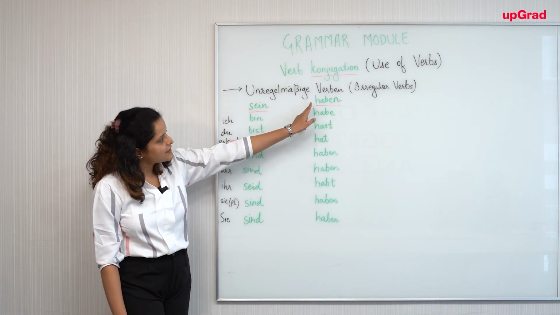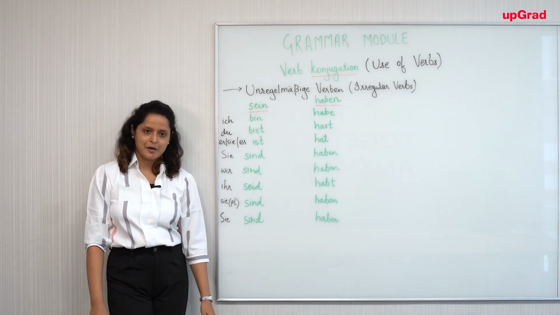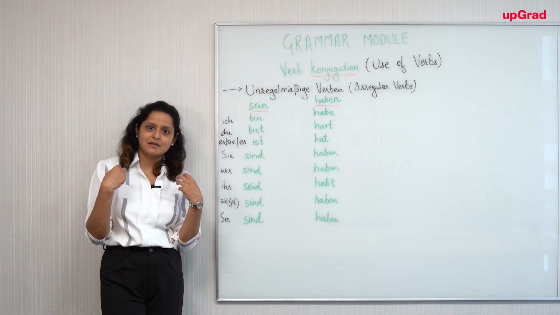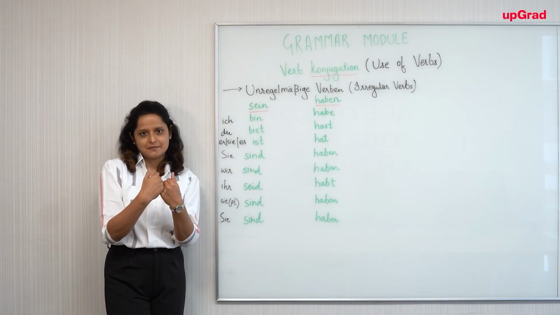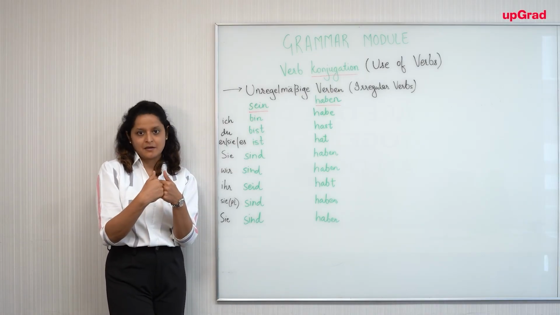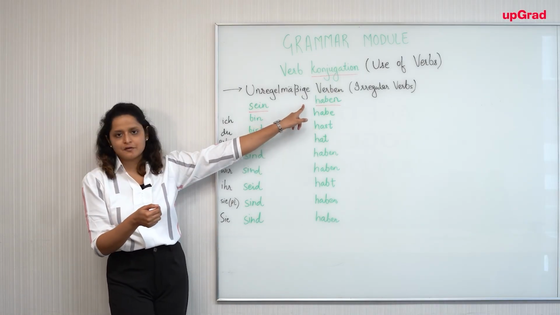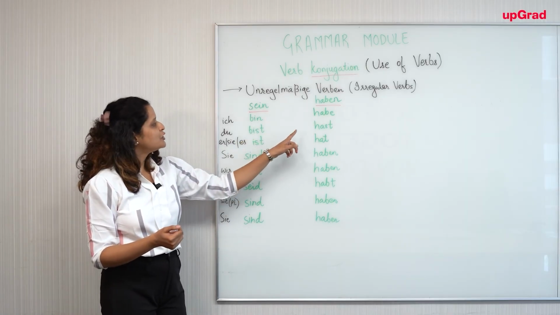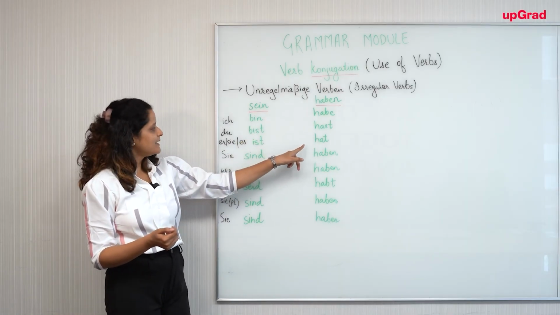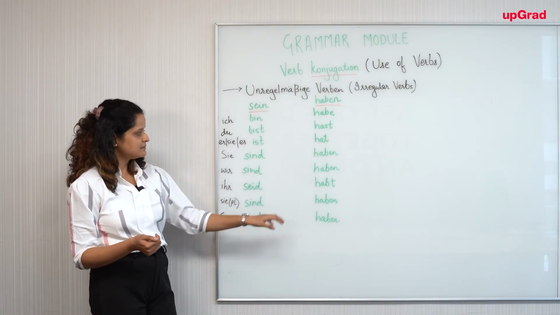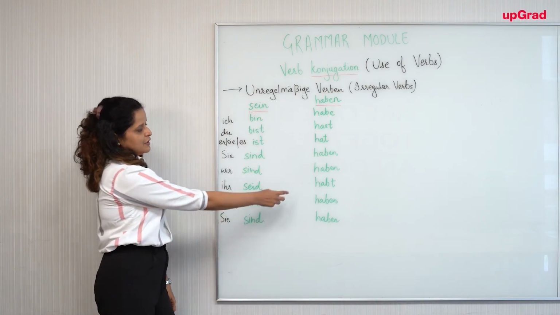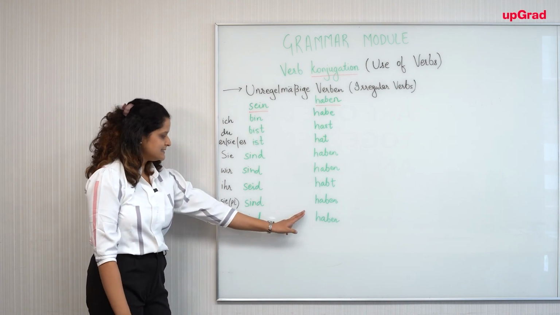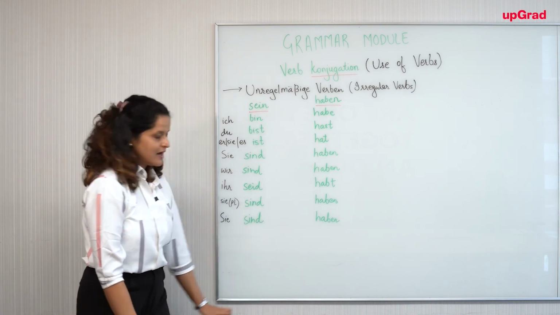Now the next verb we have here with sein is haben. So that's how we make a distinction. Sein is to be something, haben is to have something or to possess something. So the conjugation of the verb haben goes as ich habe, du hast, er/sie/es hat, wir haben, ihr habt, sie haben, and Sie haben.